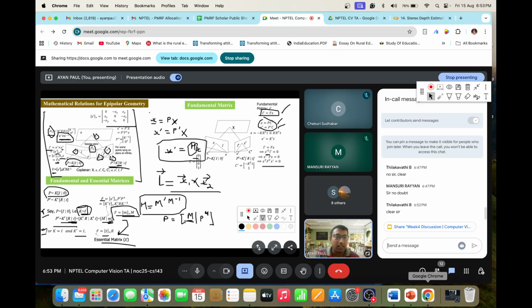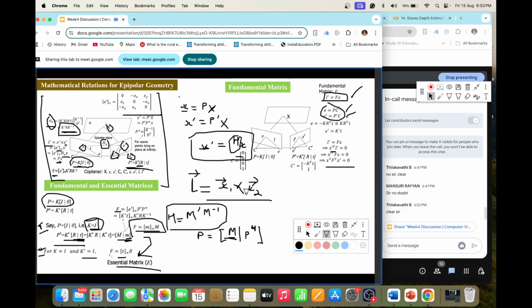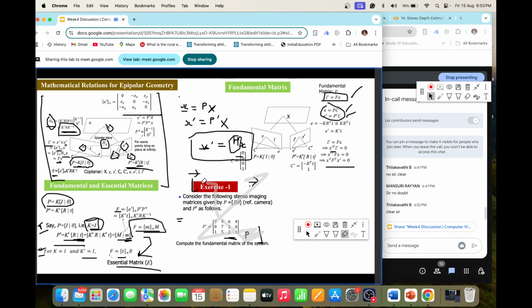Now let me move forward. We have this question. Let me delete this to have more space. So this is our question. Consider the following stereo imaging matrices.